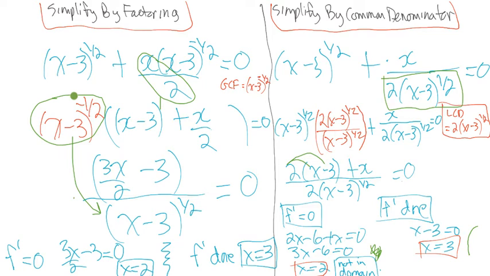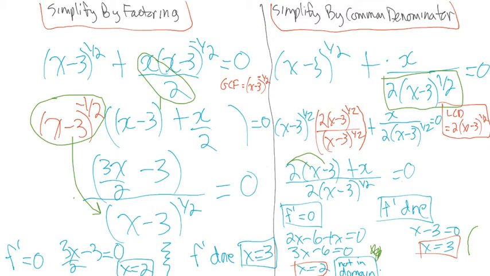I think it's maybe because of the quotient rule. You almost never see people getting a common denominator, but I actually find it easier. It looks like a little bit more work, but by getting a common denominator, you're not going to end up with fractions in the numerator at all. So anyway, your choice: simplify by factoring or by a common denominator.